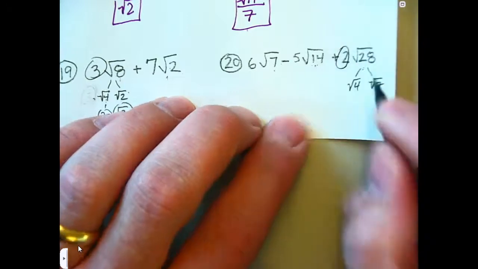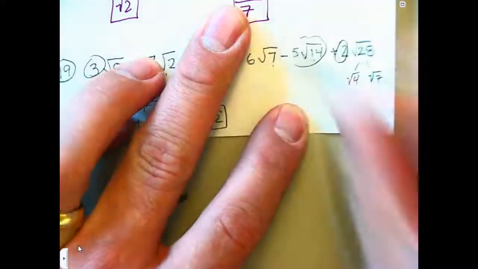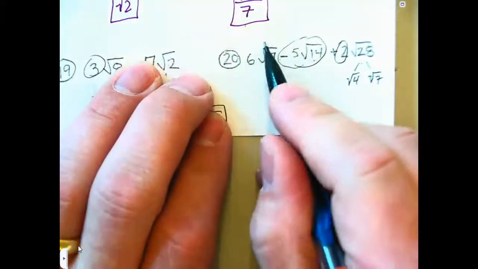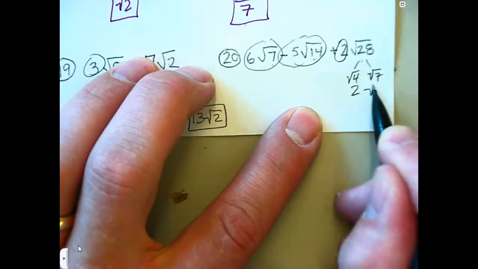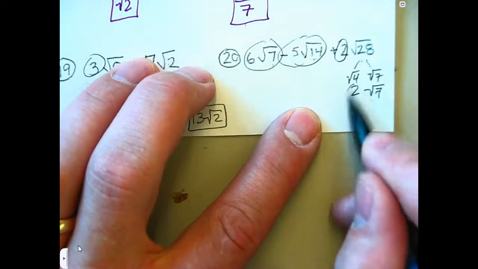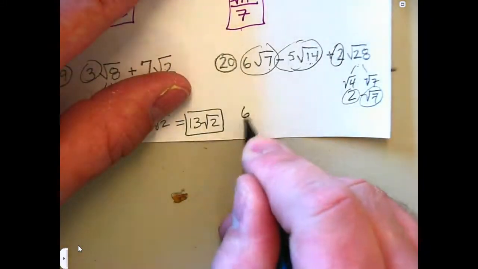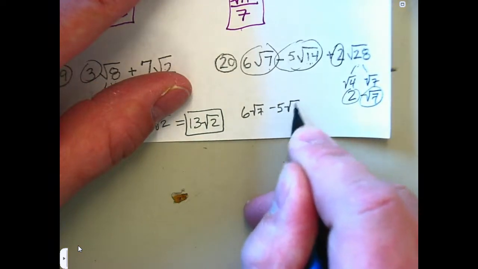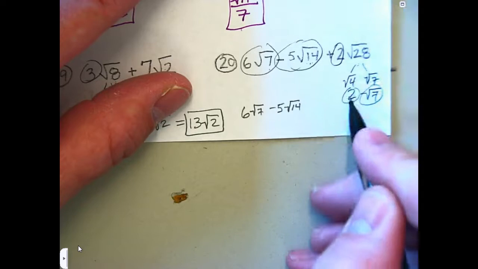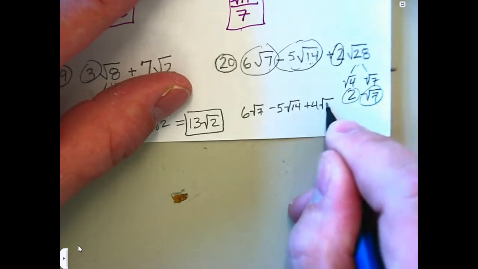The 2 just stays, as does the negative 5 root 14, as does the 6 root 7. Okay, this part becomes 2 root 7. Okay, so those are all my pieces now. If I put them together here, I have 6 root 7 minus 5 root 14, and then 2 times 2 is 4 root 7.